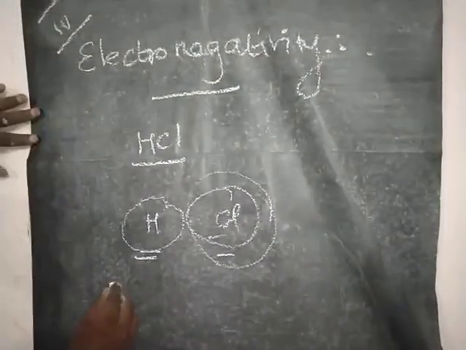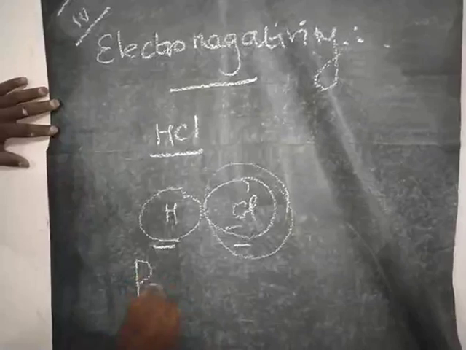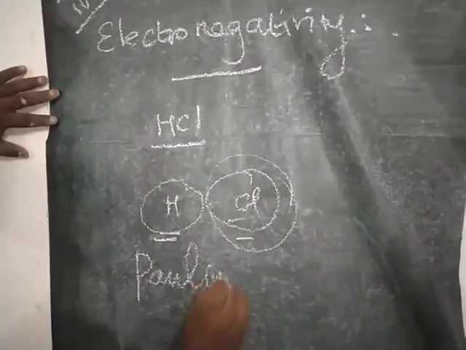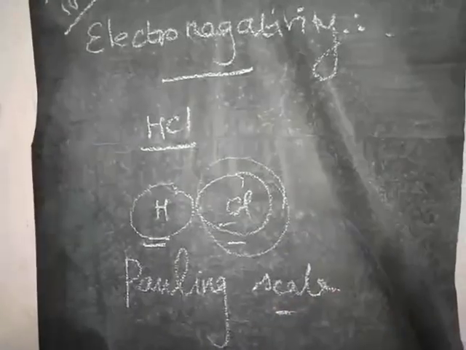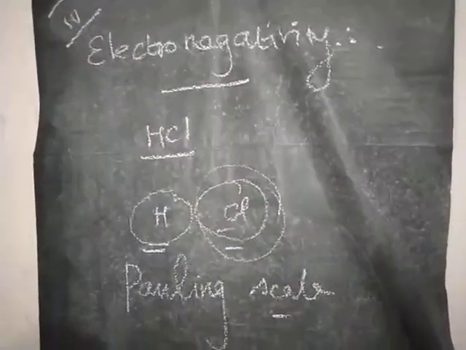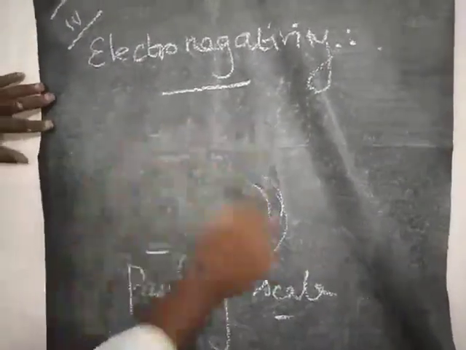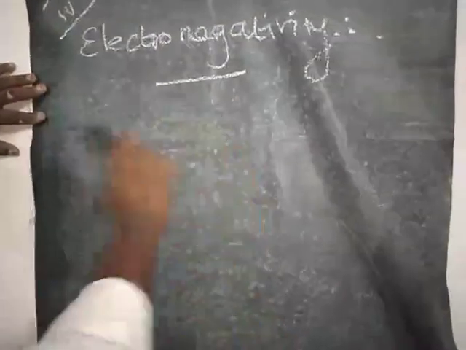Which scale is used to measure electronegativity? The Pauling scale. For each atom of an element, the electronegativity value is given.